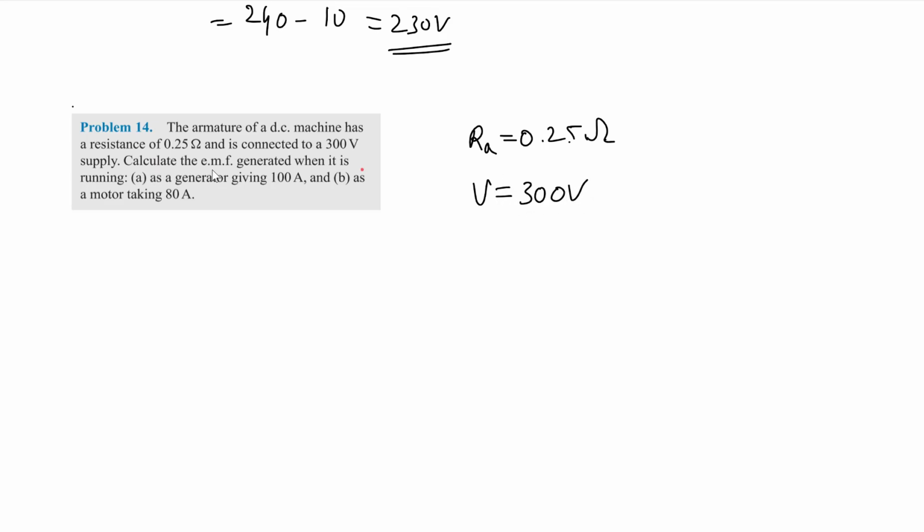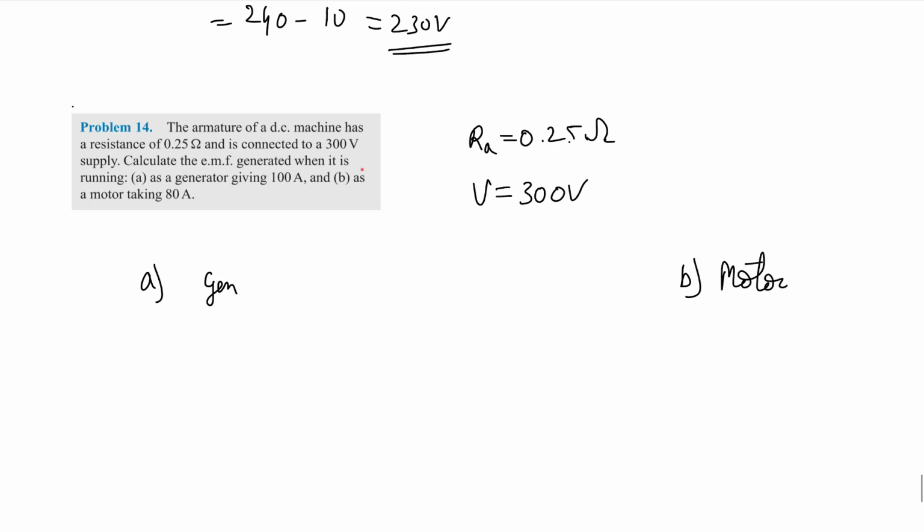Calculate the EMF generated when this machine is rotating as a generator giving 100 ampere of current, and when operating as a motor taking 80 ampere current. So this machine is operating in both modes, once as a generator and once as a motor.